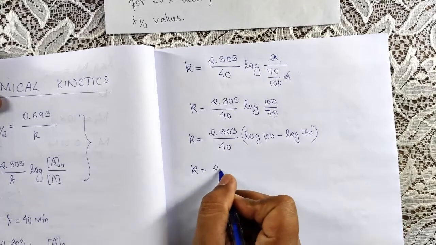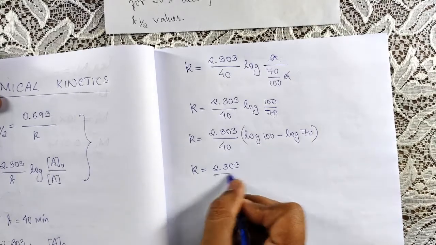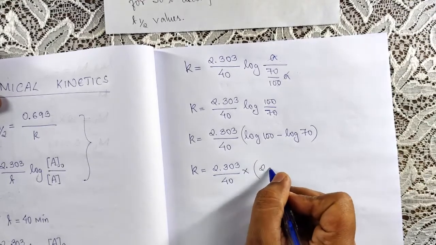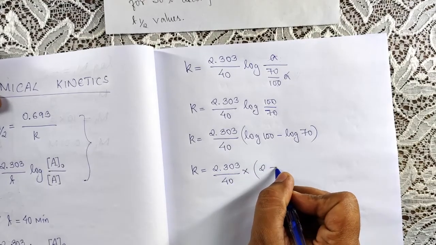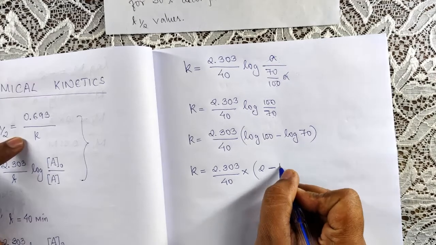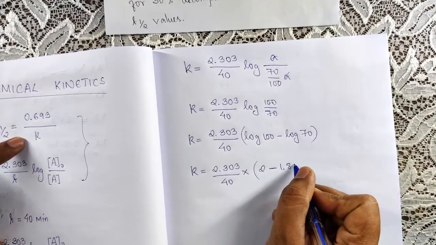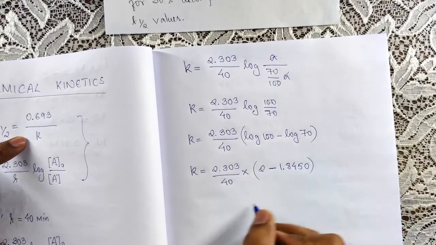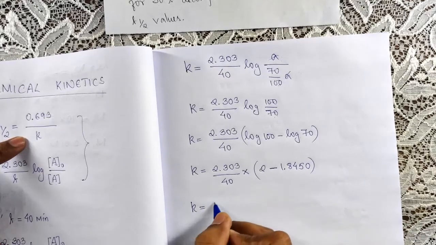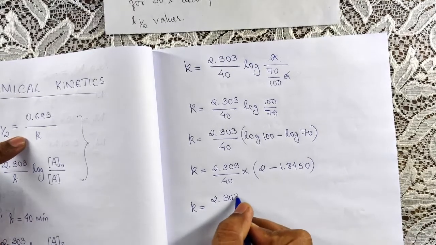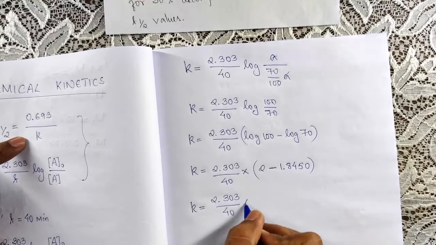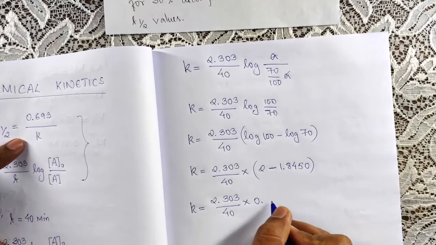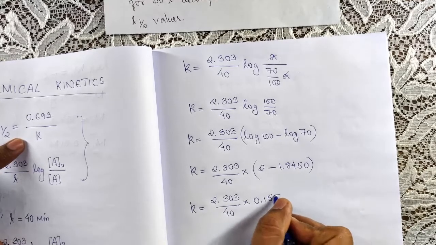So K is equal to 2.303 by 40 into, log 100 is 2, log 70 is 1.8450. If you subtract these values, you will get 0.155.